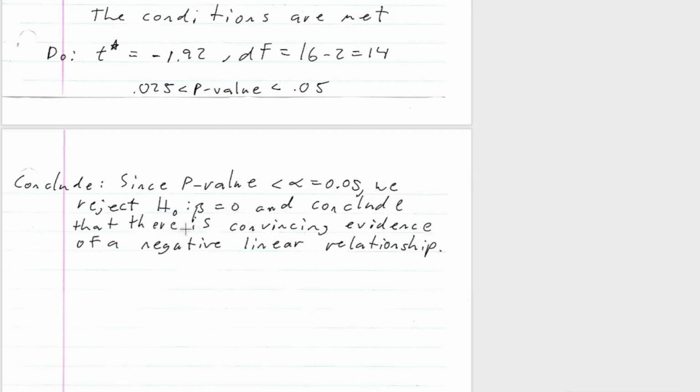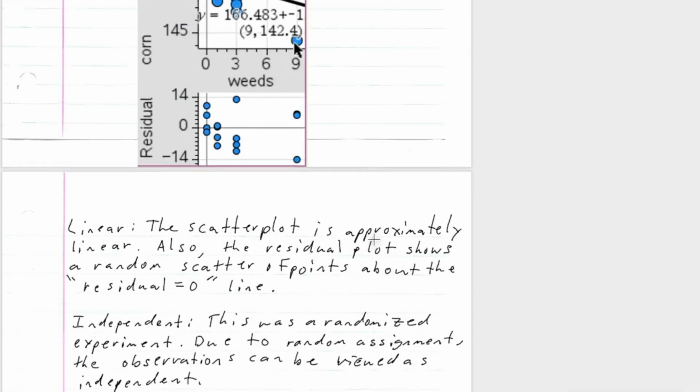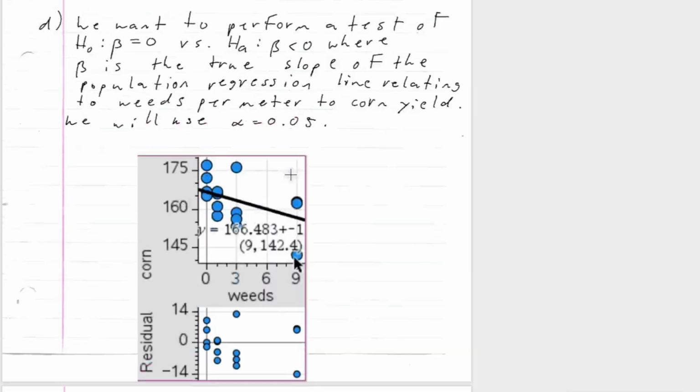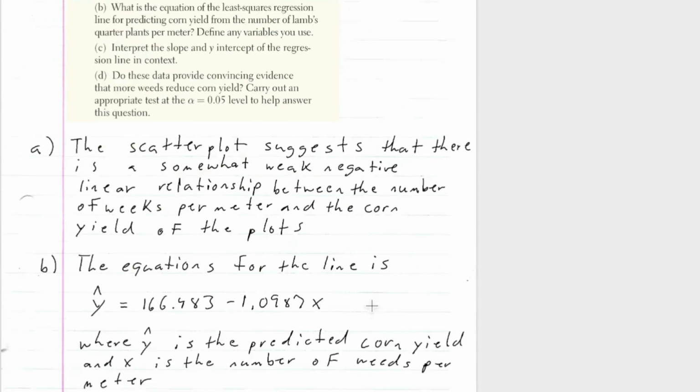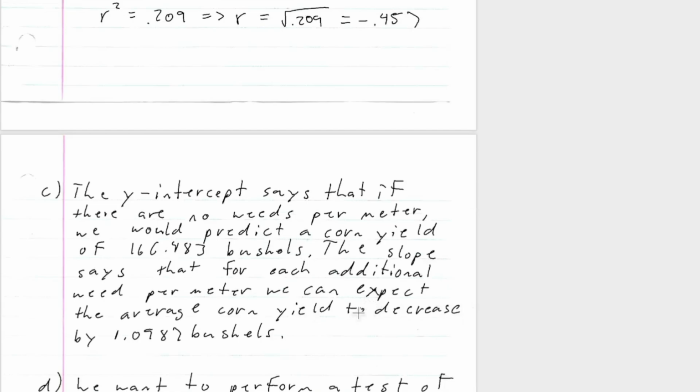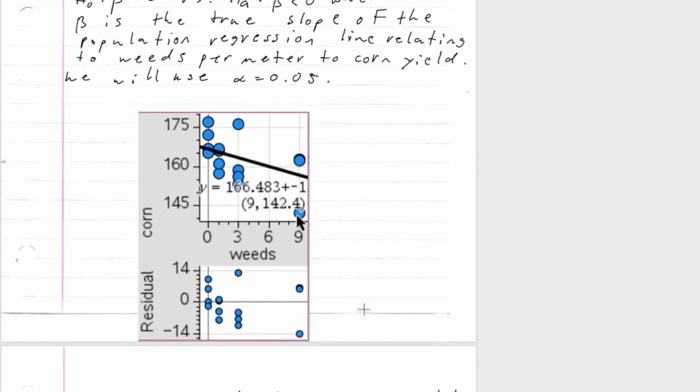And we conclude that there is convincing evidence of a negative linear relationship, which, of course, we saw throughout this problem, right? Even at the very beginning, we saw this negative linear relationship. So we have indeed shown through a hypothesis test that this data does have a negative linear relationship.